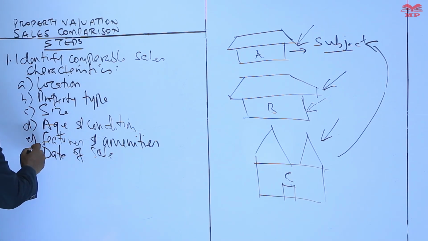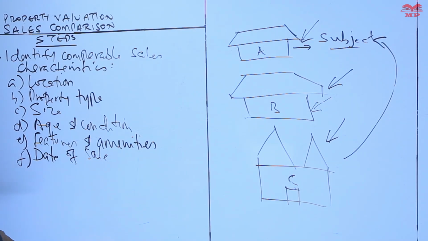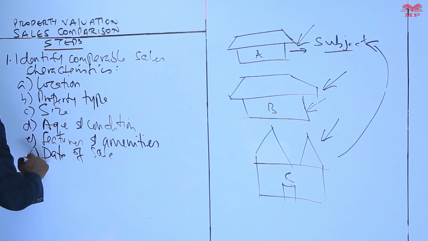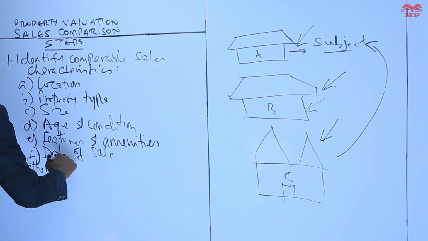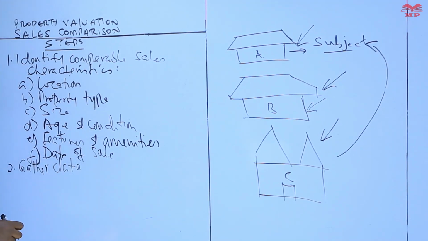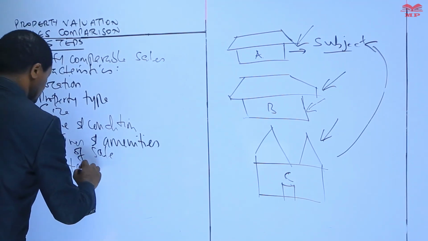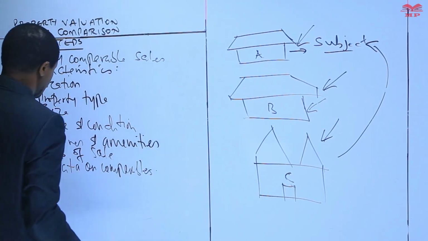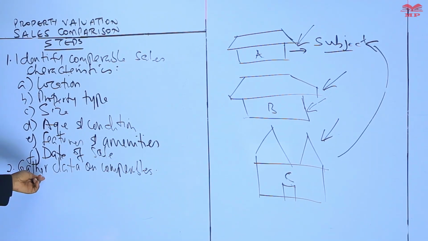date of sale. So candidates, after identifying the comparable sales, the second step is to gather data on comparables. Once potential comparables are identified, detailed information about their sale price, their date of sale, and their specific characteristics needs to be gathered and verified.